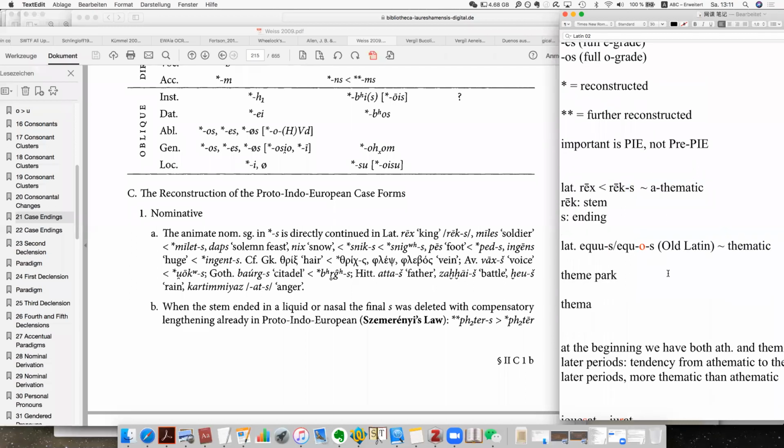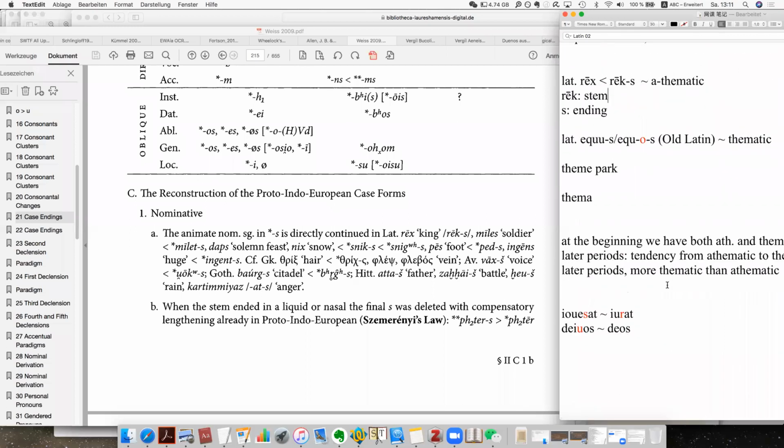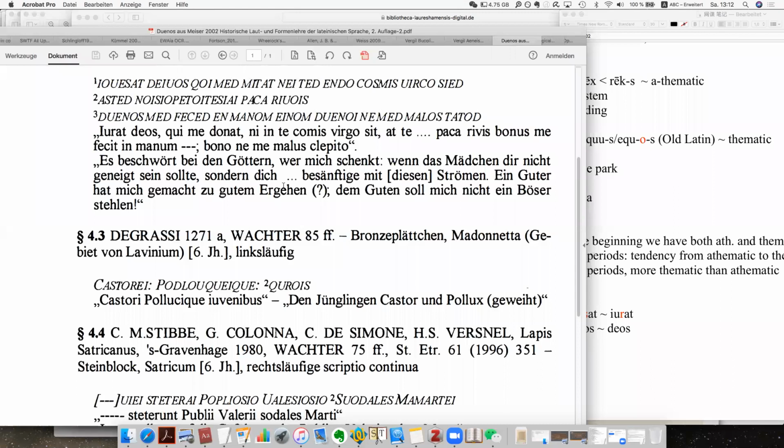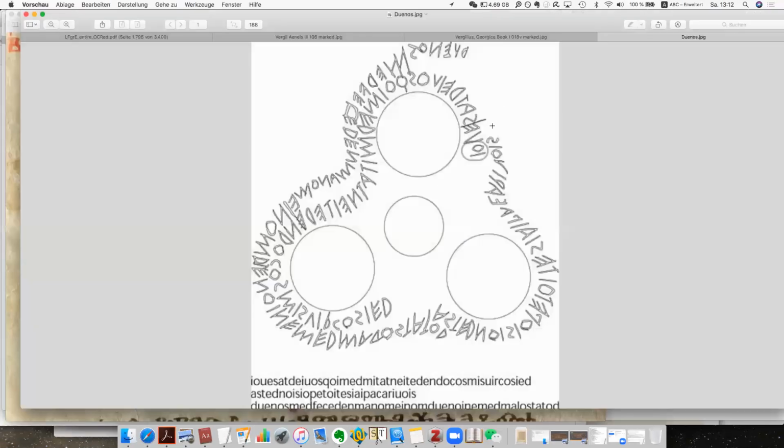Okay, and then we also read a very simple sentence from this very important, famous inscription called the Duenos Inscription, and we also checked the picture.